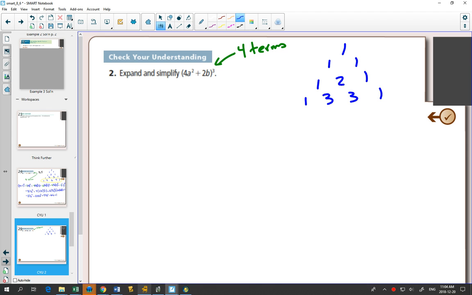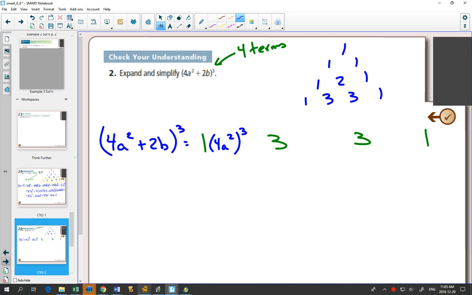And so 4a squared plus 2b all cubed will equal, and I can go to Pascal's triangle to 4 terms, and I know that these will be my coefficients. For my first term, I will have 4a squared cubed.